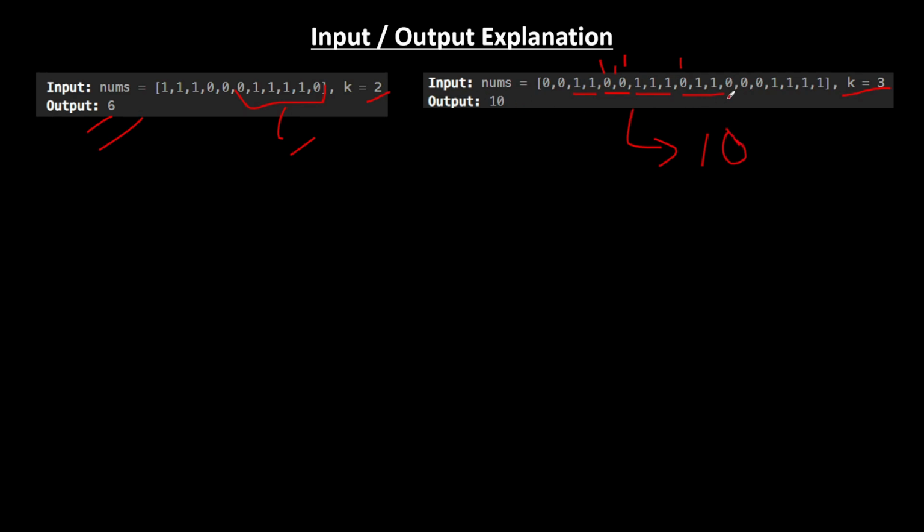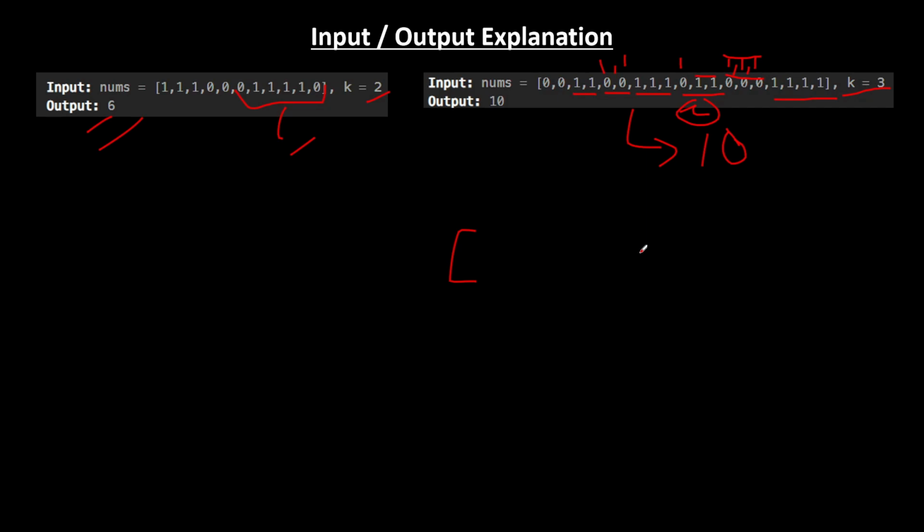Okay, and if we try doing this one, right? If we have converted this, we could have got 1 comma 1 comma 1, and this 4, 5, 6, 7, 8, 9. We might have missed one 0, right? So this is the most efficient solution. Okay, I hope you understood this input output explanation, how we are getting consecutive subarrays consisting of only ones.